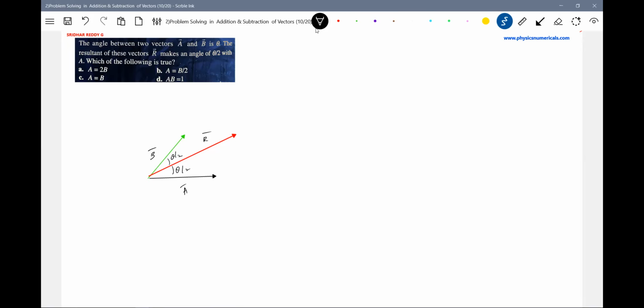What is the angle made by the resultant with vector A bar? Alpha will become theta by 2, and the angle between the vectors is theta. This is already given, so I need not write it. Let me write only alpha. So tan alpha equal to B sin theta over A plus B cos theta. So tan theta by 2 can be written as sin theta by 2 over cos theta by 2.